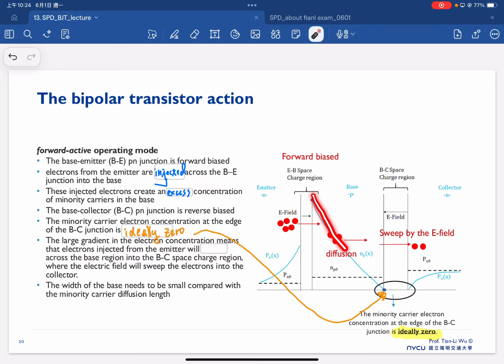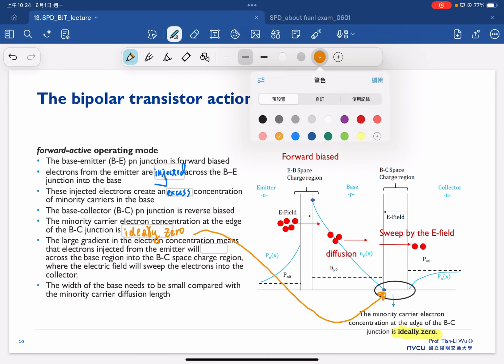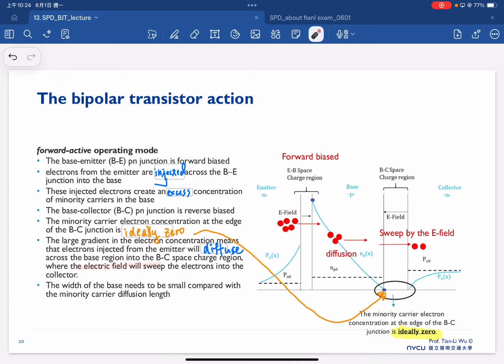This large concentration gradient causes diffusion across the base region and then into the BC space charge region. This is the BC space charge region here.